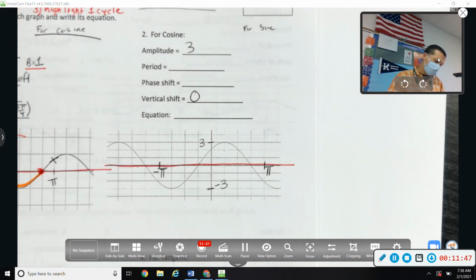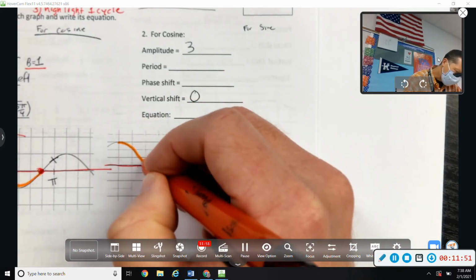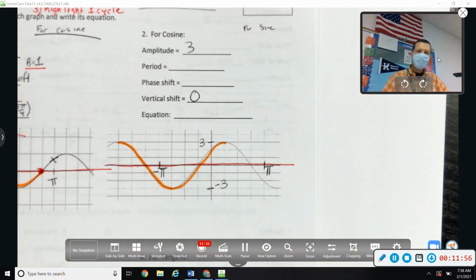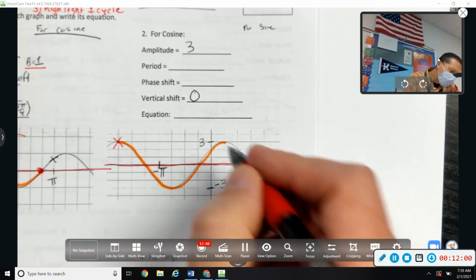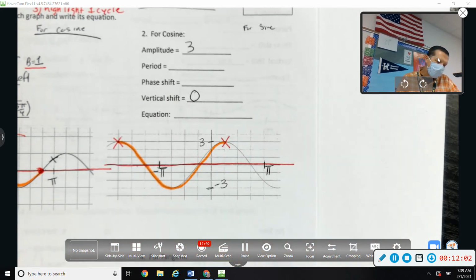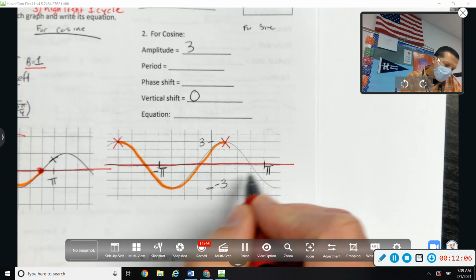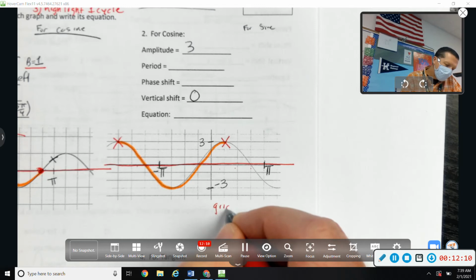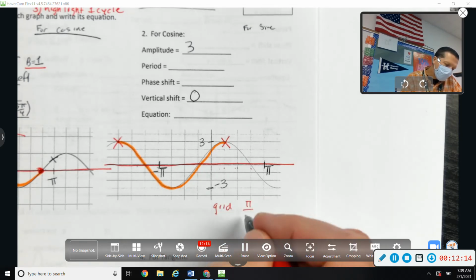Period. Oh no, let me highlight one cosine wave and then we'll figure out what the period is. So there's a cosine wave, start and finish. Let's see, each grid is pi divided by 1, 2, 3, 4.